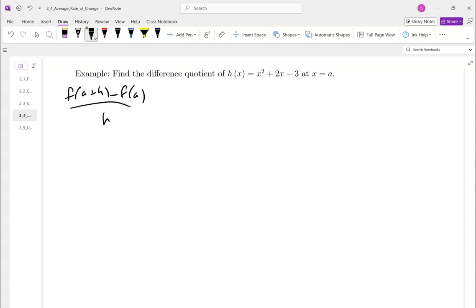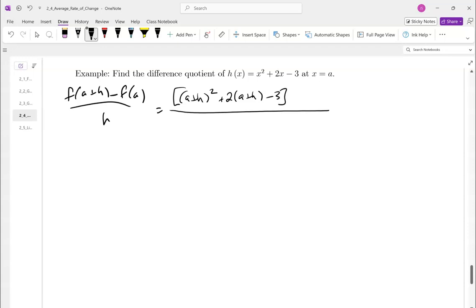All right. So again, what does this f of a plus h part tell you to do? Yeah. Substitute the a plus h in for the x, right? So what do you get when you substitute that in for the x? Good.